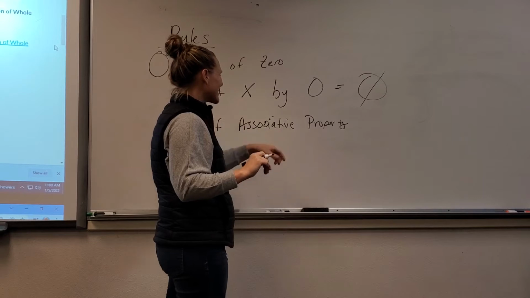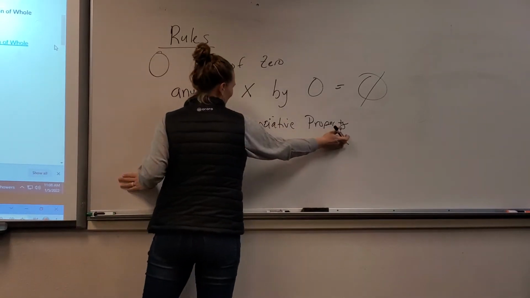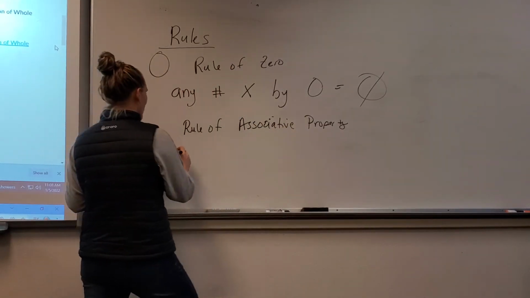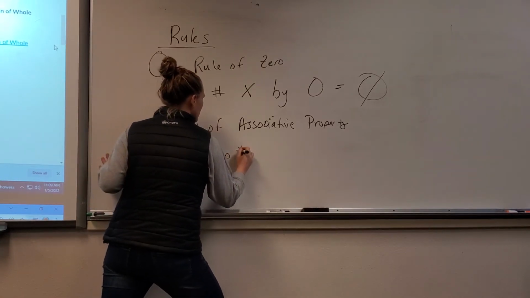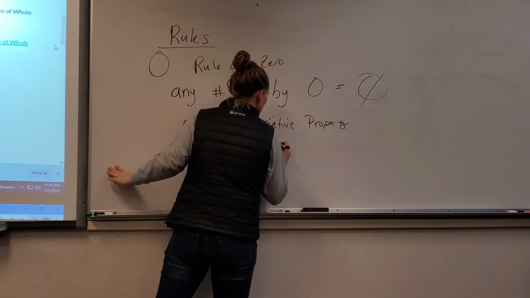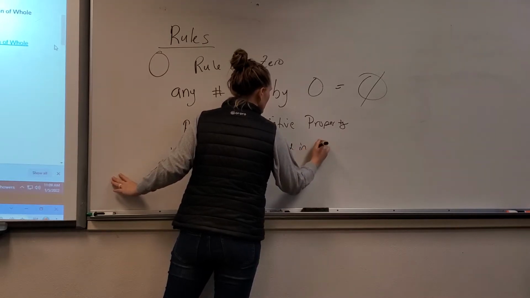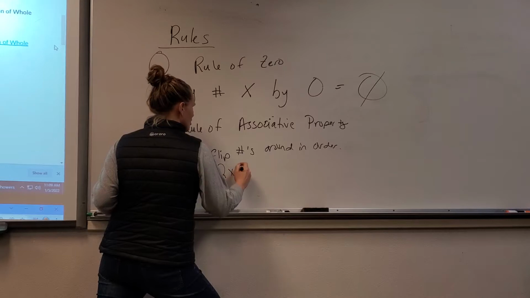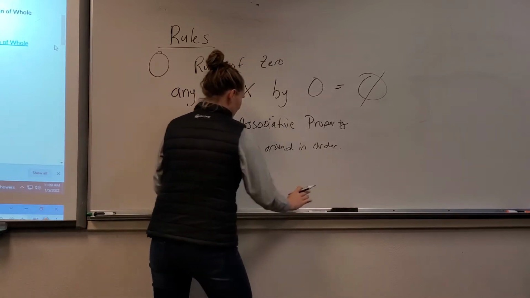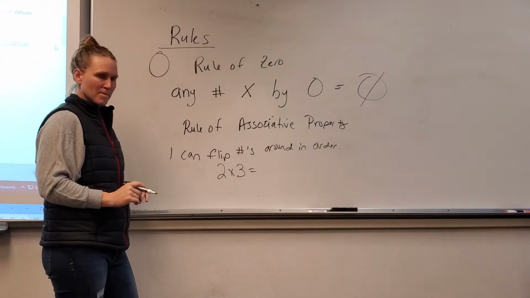Associative, and then this is property. So basically this one says I can flip numbers around in order. For example, if I have 2 times 3, what's my answer going to be? 6. Good.